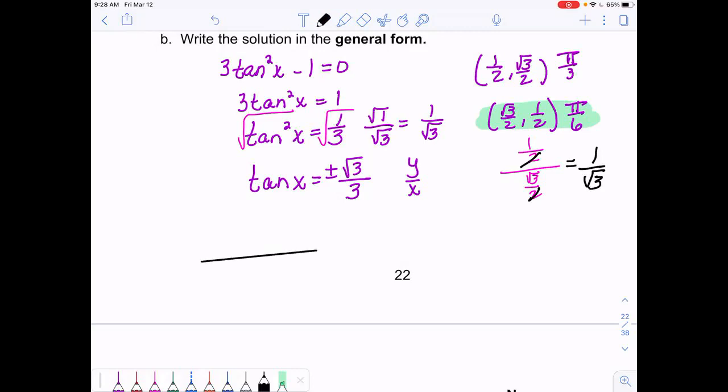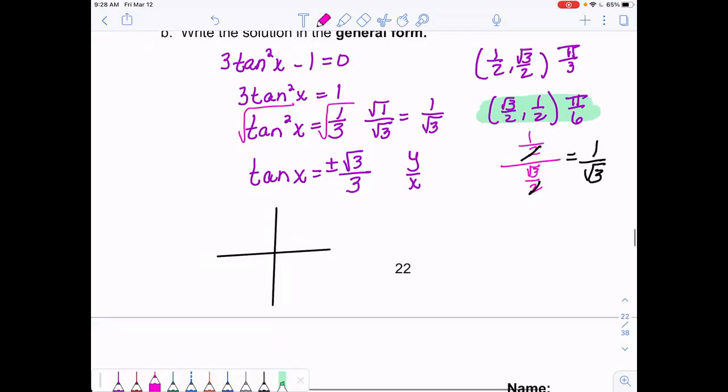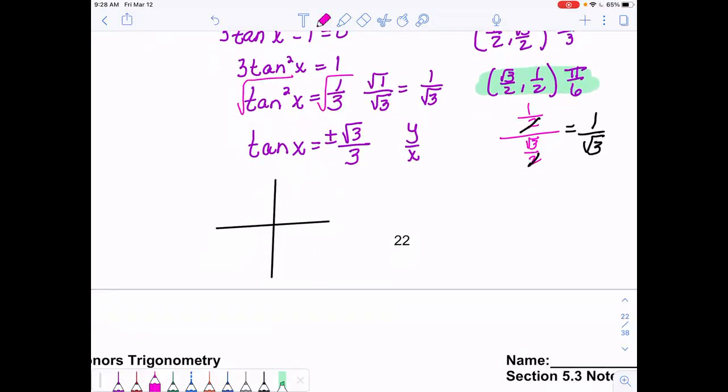All right, let's think about tangent. Oops, that's really crooked. So tangent is plus or minus. Hayden, where's tangent positive? Right, first and third is where tangent is positive. So I would have root 3 over 2 and positive 1/2, or negative root 3 over 2 and negative 1/2.